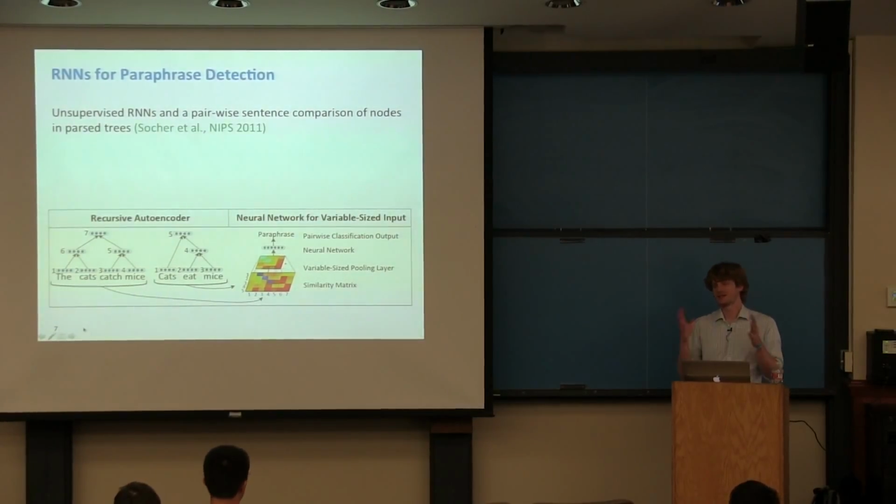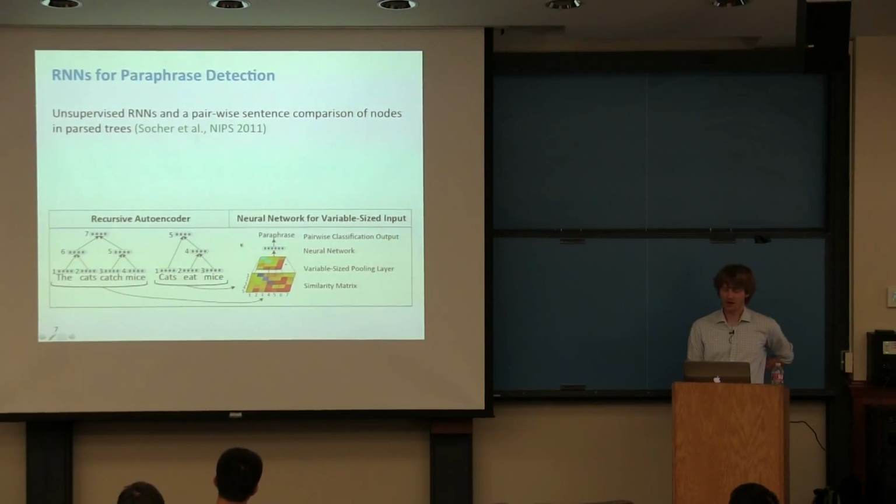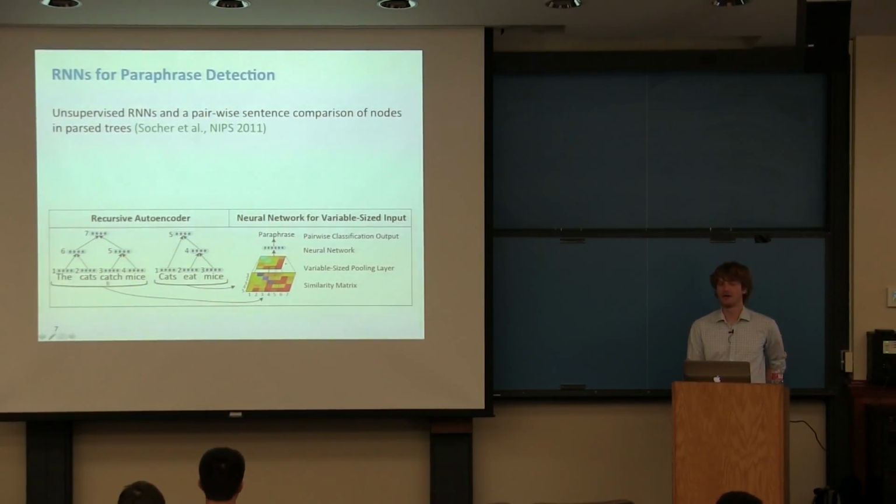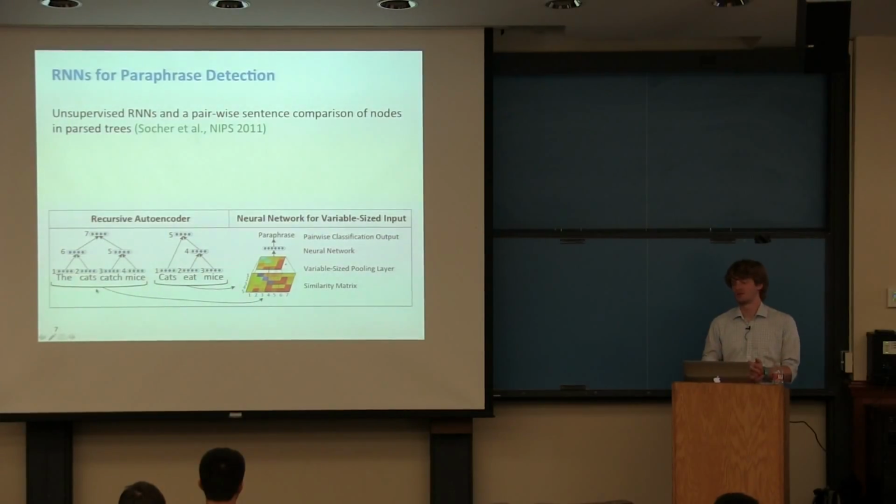So this is a nice way to design your model. You always ideally design your model so that if you have enough data, you can look at the very top and propagate your errors all the way down to the very lowest level, which is usually the word vectors. You might not always want to do that if you don't have enough data and you have too many parameters, you might just overfit. But it's always nice that if you had enough data, you could actually backpropagate through the whole model. Yeah?